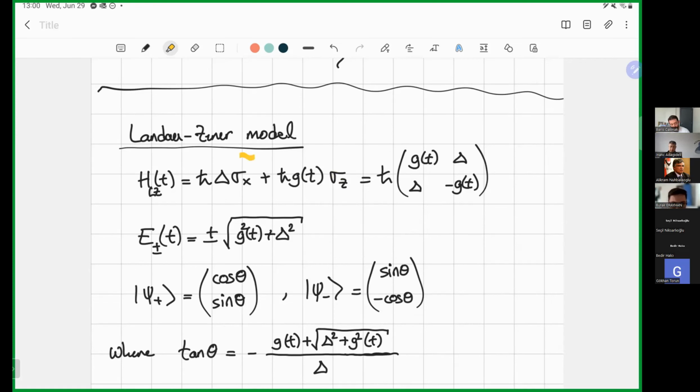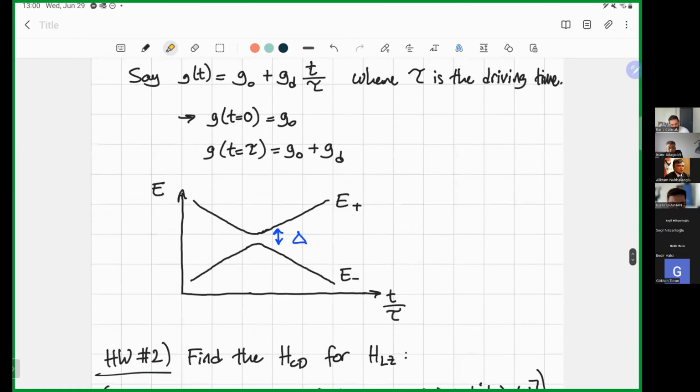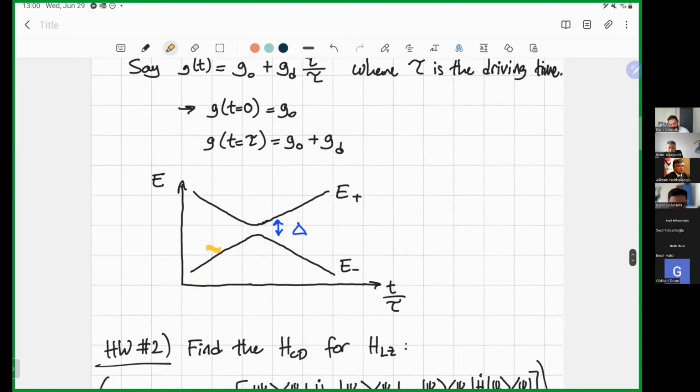So this is our Hamiltonian. This is a time-dependent Hamiltonian, and G is the parameter that we are changing as a function of time. As we change this G from a certain value to a final value, the energy levels of this Hamiltonian close up, and then they open up again.